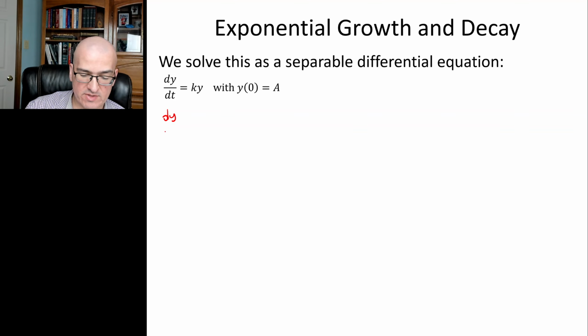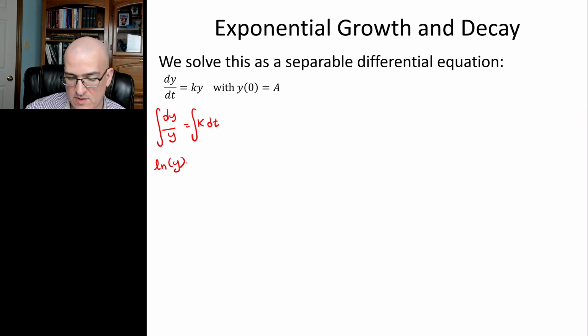So let's divide both sides by y, multiply both sides by dt, and then integrate both sides. Left-hand side, we have the antiderivative of 1 over y with respect to y. That's ln y. For differential equations, we'll drop the absolute values.